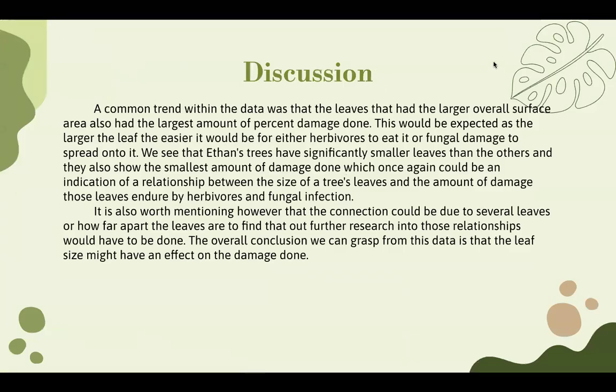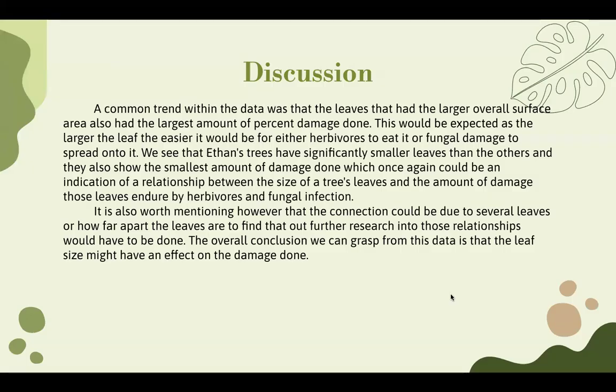Yeah, so the common trend we saw, as Heath explained, was that the larger the leaf, the more damage you usually saw. While that necessarily wasn't the case all around, it was the outlier in the data. Again, we didn't focus entirely on which kind of damage occurred more.